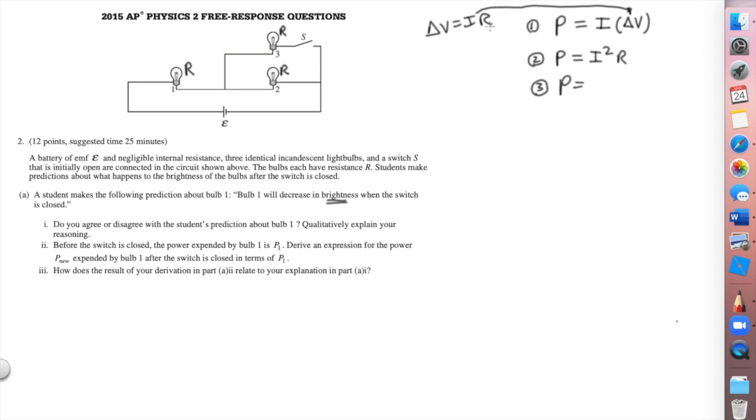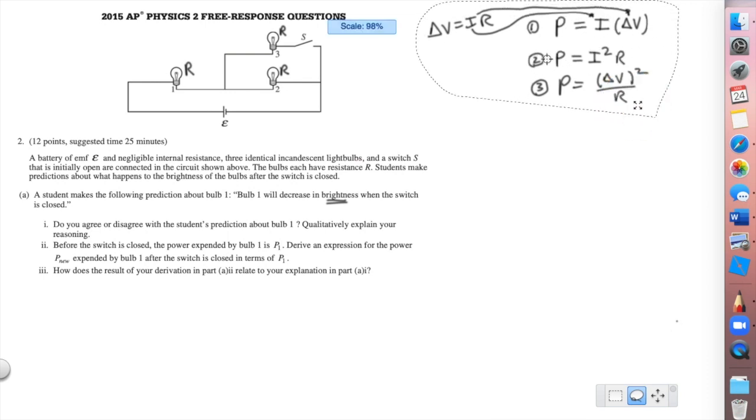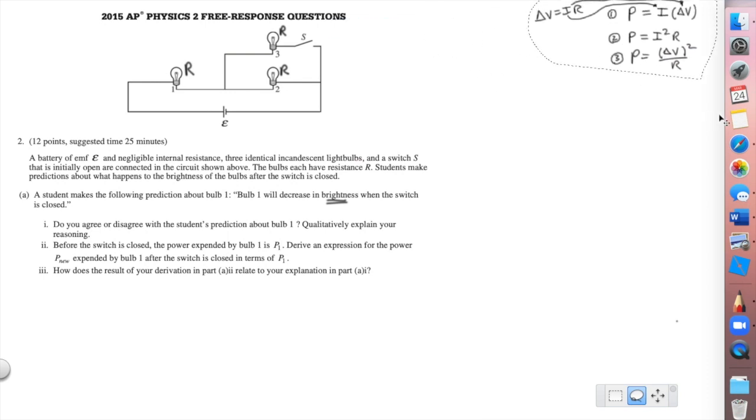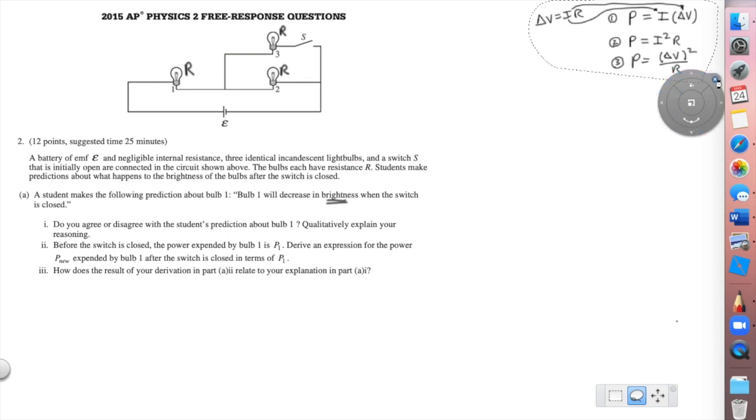Or you could rearrange Ohm's law for current and plug it in here, and this gives you delta V squared over R. So we're going to need these power equations, and we're also going to need space. So let's shrink these down, and we'll refer to these as we go through these questions.